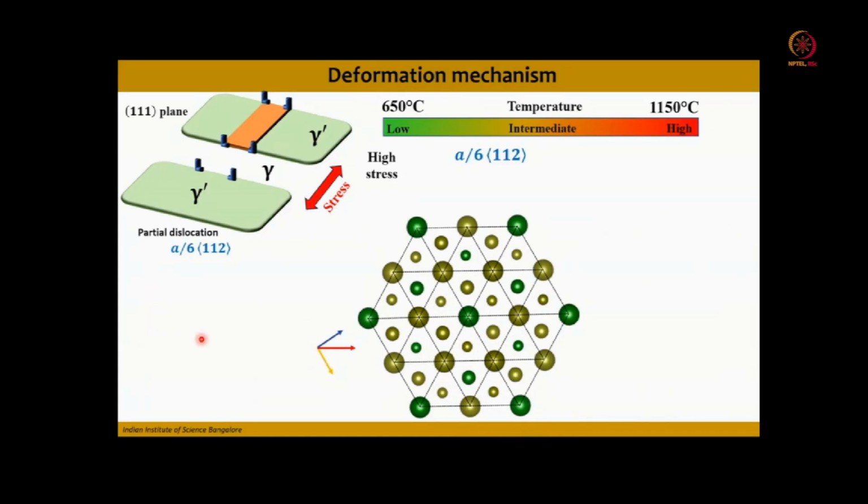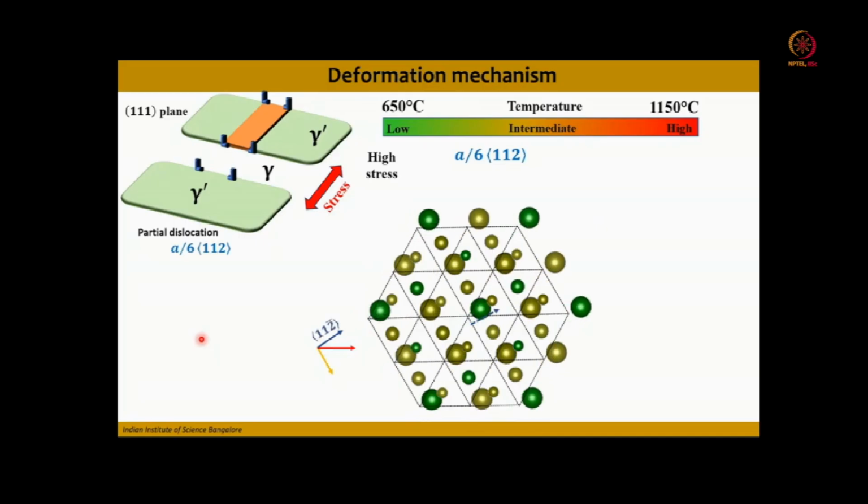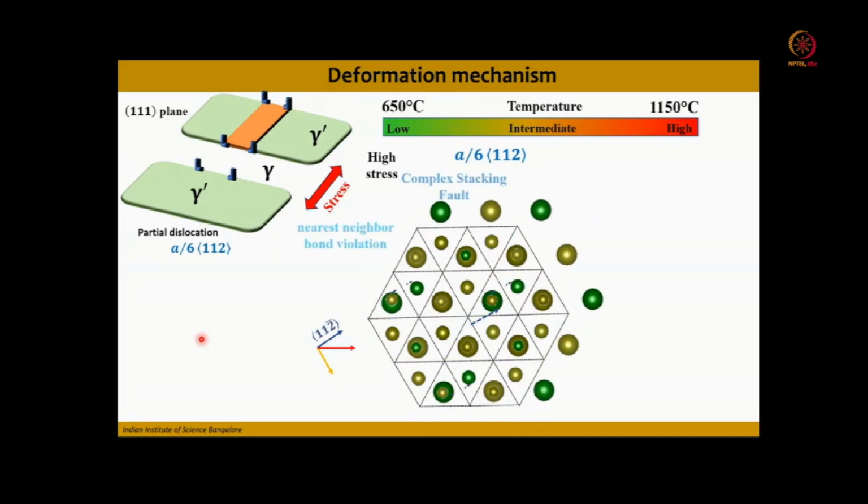There is another case that exists when the stresses are enough that two consecutive {111} planes, the a/6<112> dislocation, can shear the gamma prime, due to which it forms a complex stacking fault with the wrong nearest neighbors. Due to these wrong nearest neighbors, it has a very high energy, okay, but less than the antiphase boundary energy.